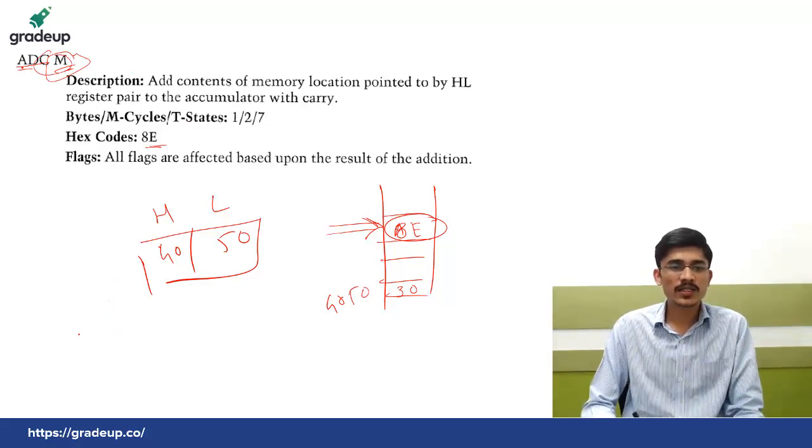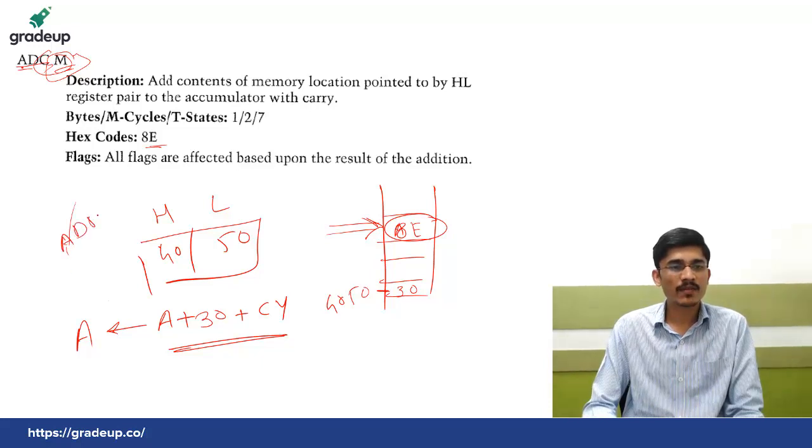So the contents of the accumulator after its execution will be the accumulator, as well as the contents of the memory location 4050, which is 30, as well as the carry flag. Initially it was ADD M, and we have understood ADD M. Similarly, only C is extra, so we are adding the carry extra.